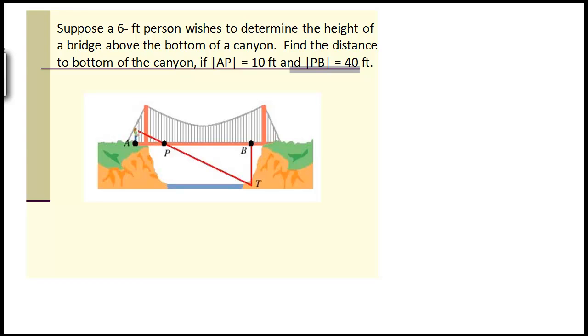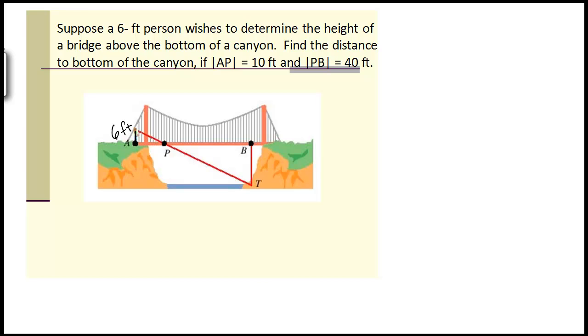Suppose that a 6-foot person wishes to determine the height of a bridge above the bottom of the canyon. Find the distance to the bottom of the canyon if AP is 10 feet and PB is 40 feet. So here's a 6-foot person.